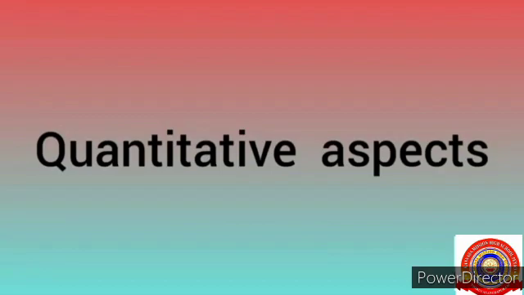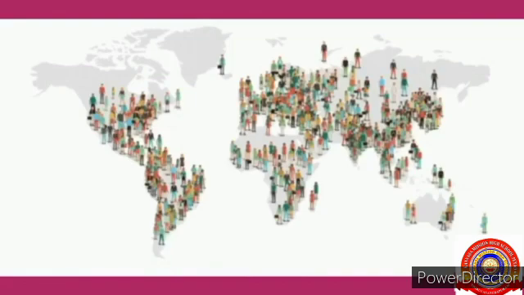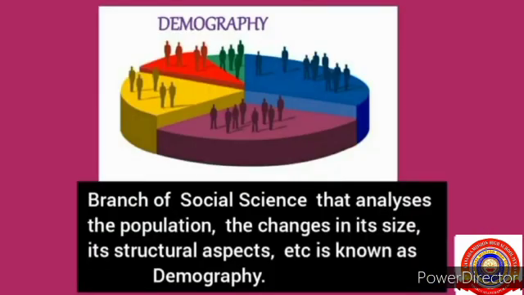Let us analyze the quantitative aspects. First one is size of population. Size of population refers to the total number of people residing in a country at a particular time. The branch of social science that analyzes the population, the changes in its size, its structural aspects, etc. is known as demography.